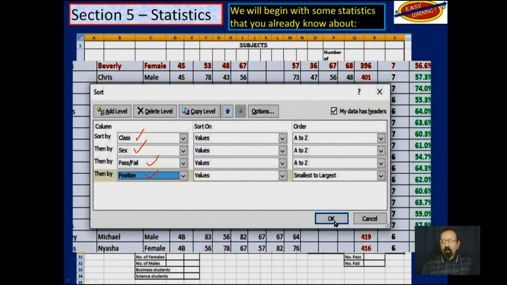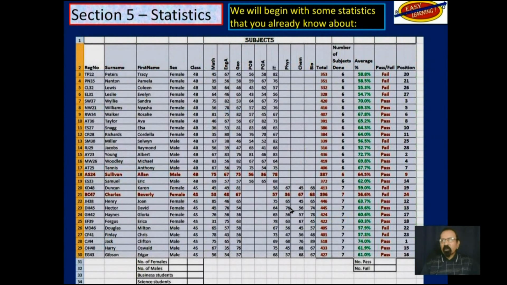Once we say okay, this is what we have. Notice that the students are now separated out into business and science, and then the business students are separated out into females up here, and then males down here, same thing for the science.